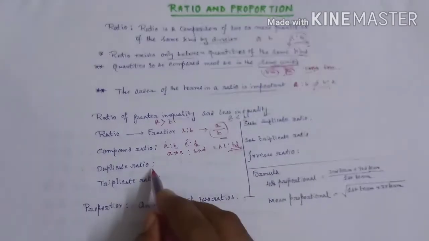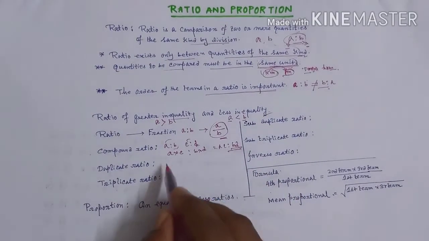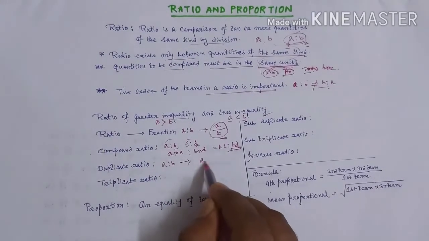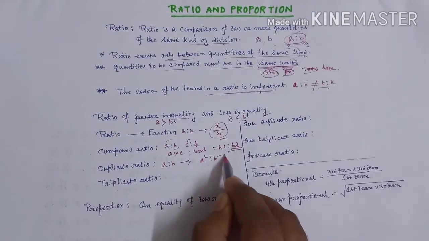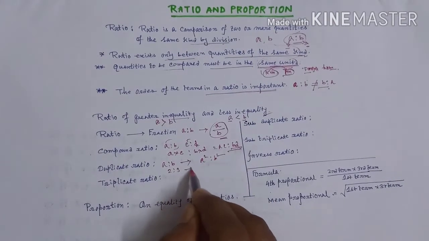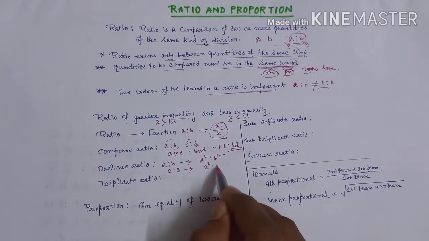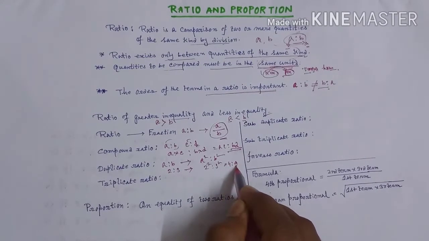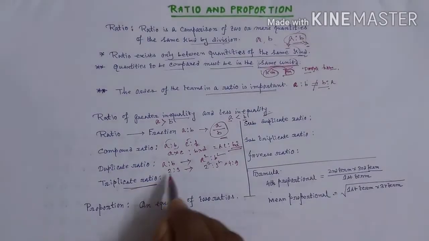Now what is the duplicate ratio? If A is to B is a ratio, its duplicate ratio is A square is to B square. Suppose 2 is to 3 is a ratio, then its duplicate ratio is 2 square is to 3 square, that means 4 is to 9. What is the triplicate ratio?